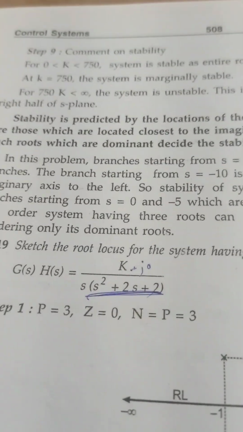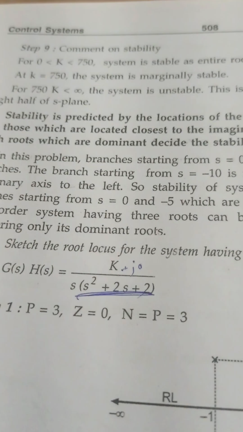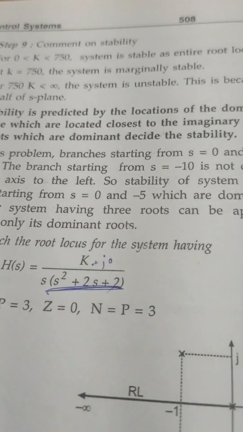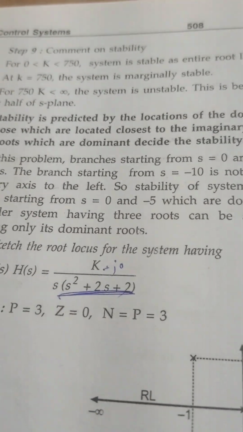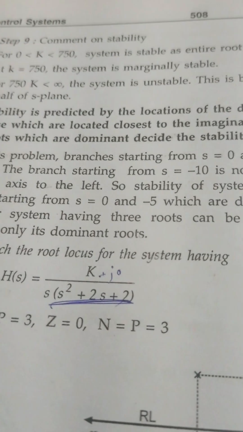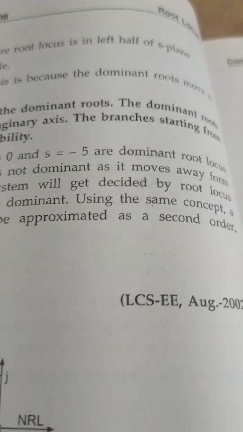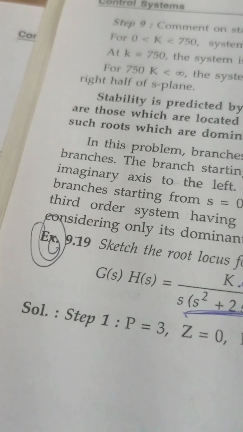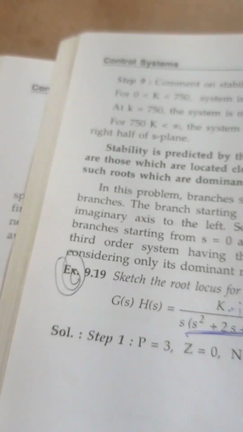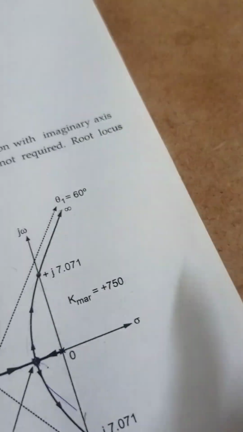For 750 less than k less than infinity, the system is unstable, because the dominant roots move towards the right half of the s plane.